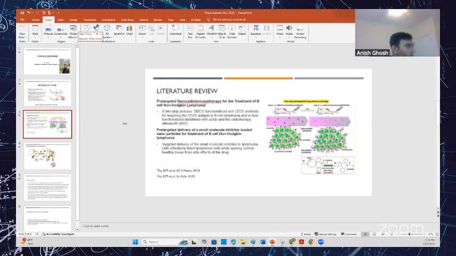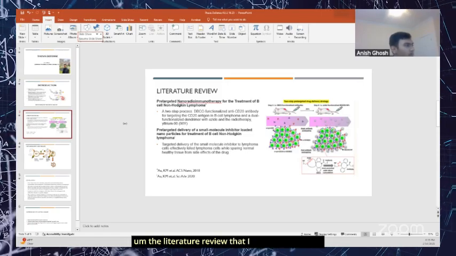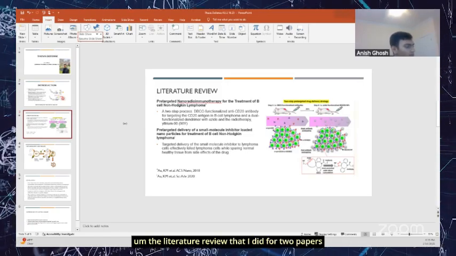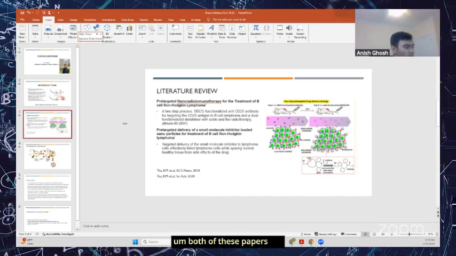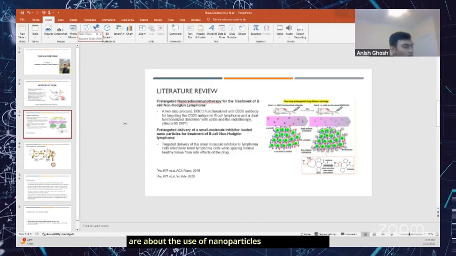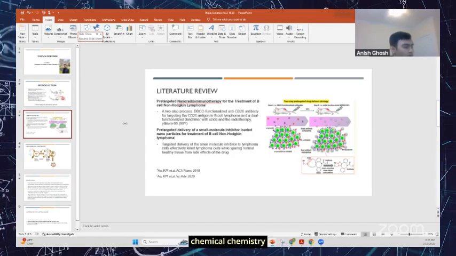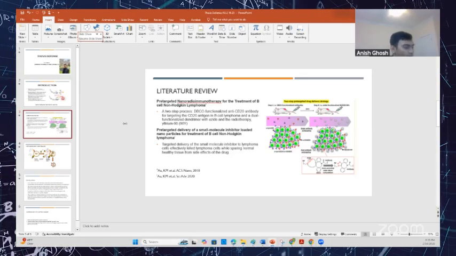So, the literature review that I did covered two papers. Both of these papers are about the use of nanoparticles for copper-free click chemistry for the treatment of non-Hodgkin's lymphoma.